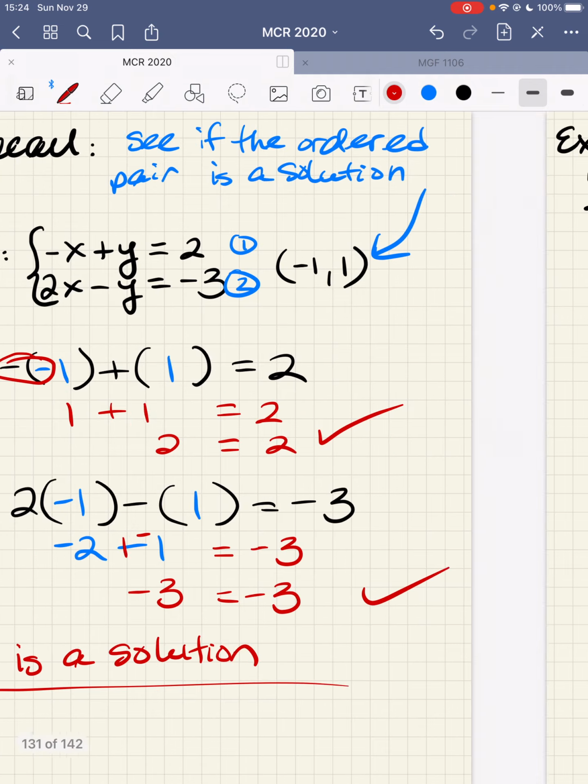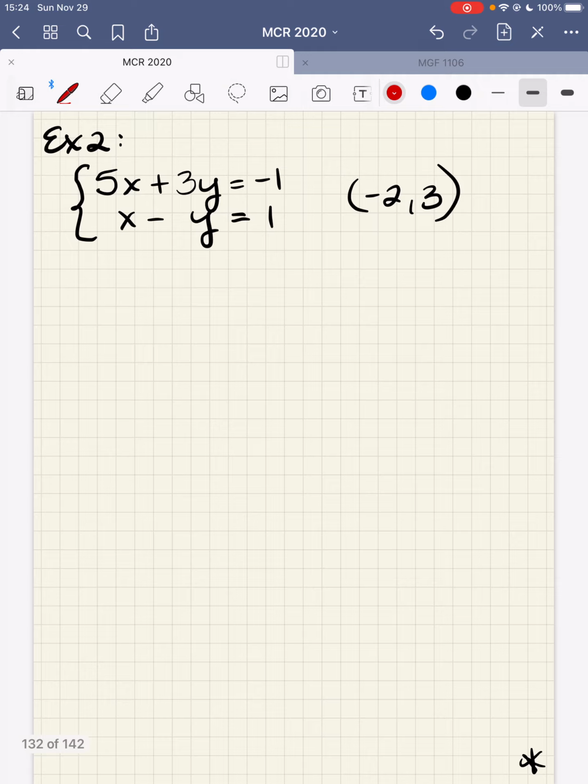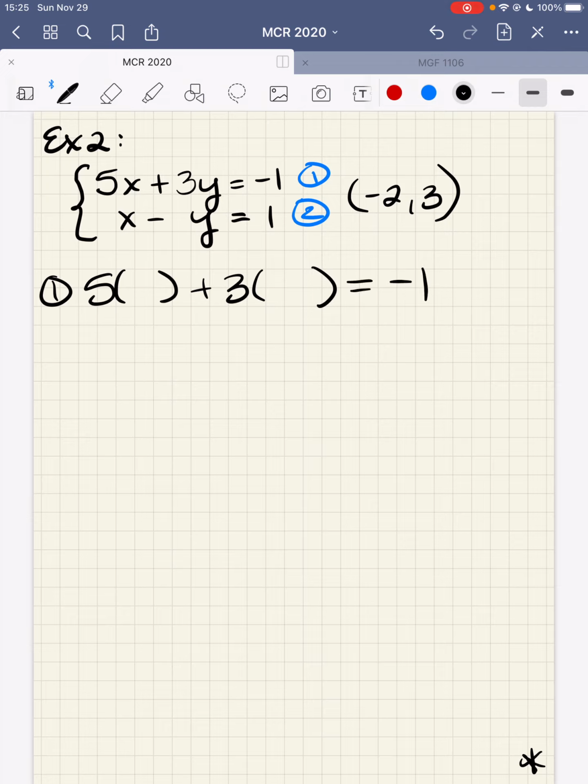Okay. Let's go ahead and look at another example here. This is example 2, and we're going to do the exact same thing. So I'm going to go ahead and number them 1 and 2 and plug it in. So equation 1 is 5 times x plus 3 times y is equal to negative 1.